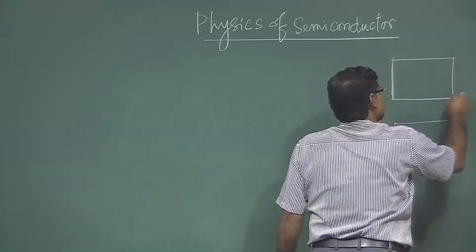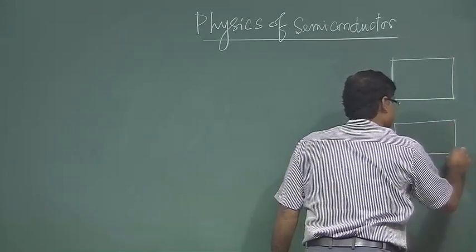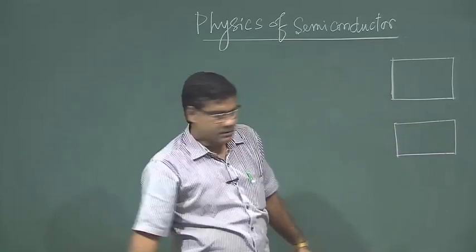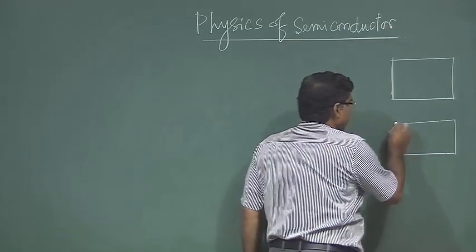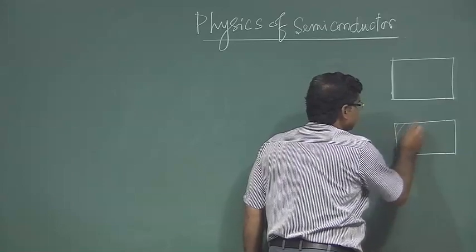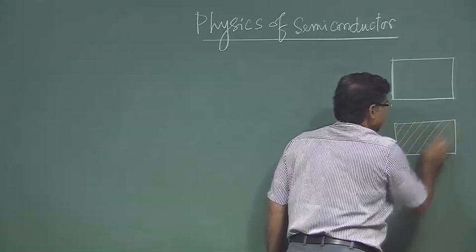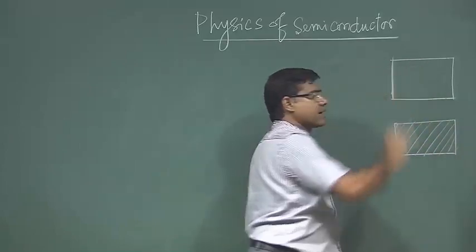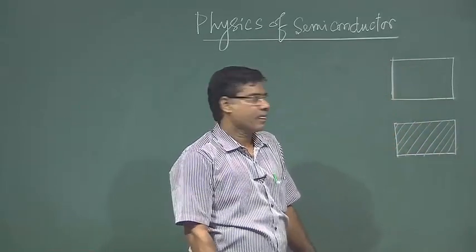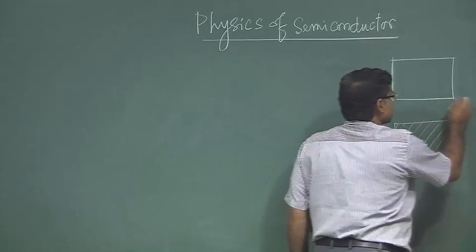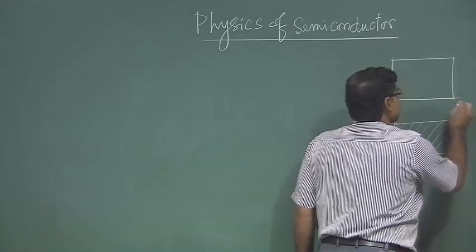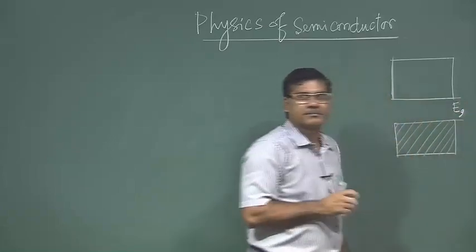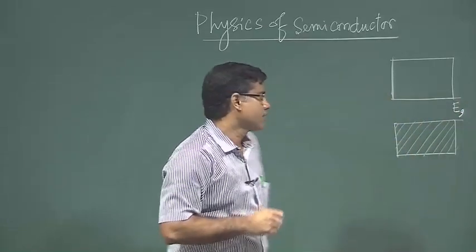So, this is one band. Okay. So, as I mentioned to you, if this band is completely filled, and this band is empty, and the difference between these two is called the band gap Eg, right.